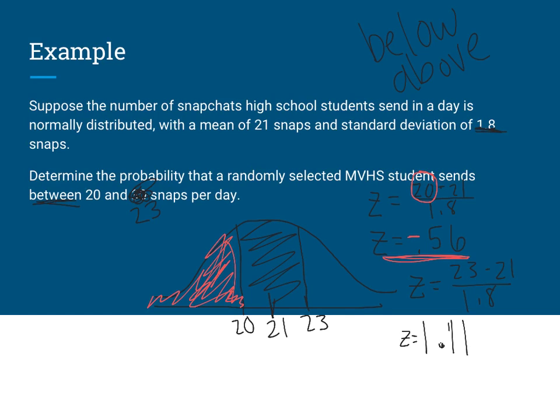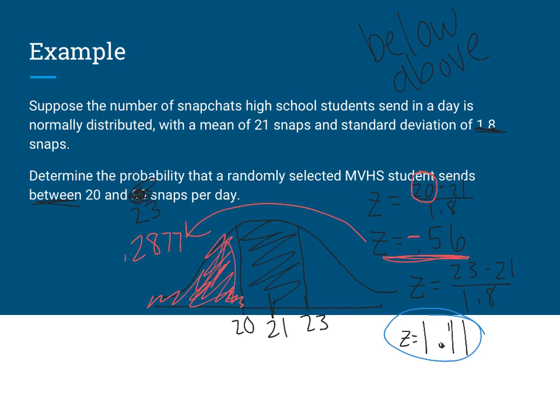So let's see. Negative 0.56, I got, okay, so this is over here, 0.2877. Perfect.